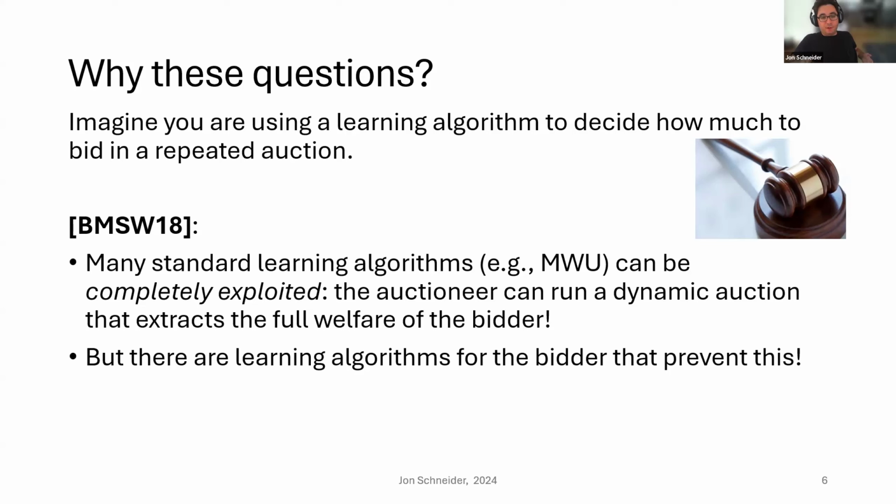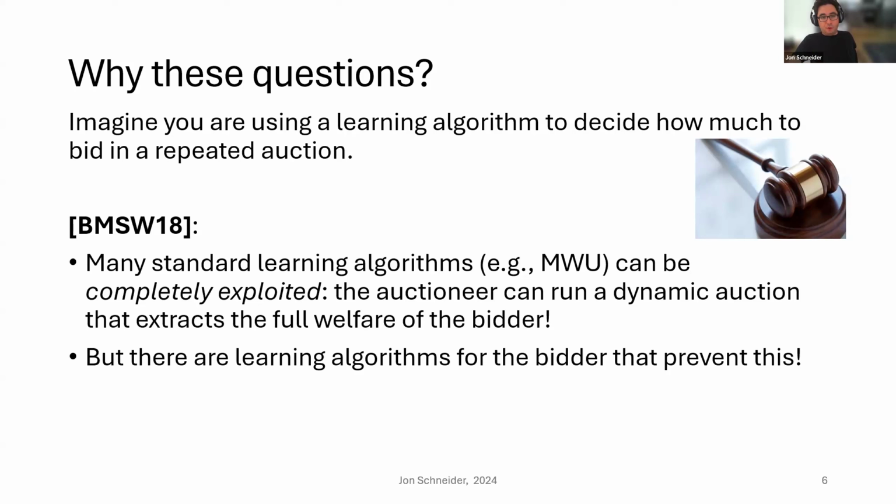There are weird dynamic auctions the auctioneer on the other side can run that extract your full welfare, leave you with zero net utility, and leave them with the maximum possible utility they could hope to get in such an auction. But this paper also shows that there are learning algorithms for the bidder that prevent this. They're strange learning algorithms, reminiscent of no-swap-regret algorithms, which I'll talk about a bit later.